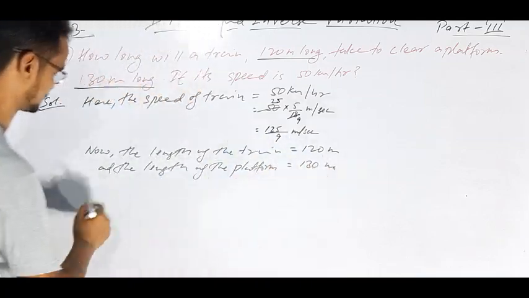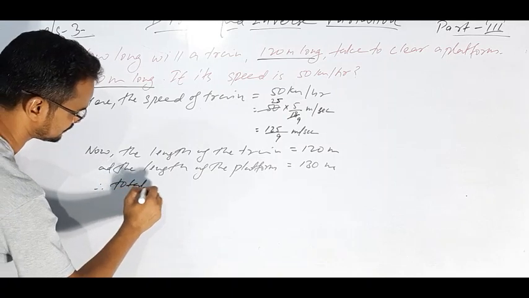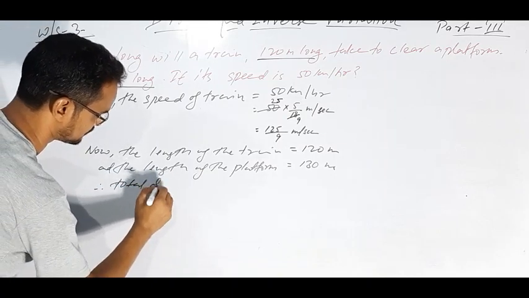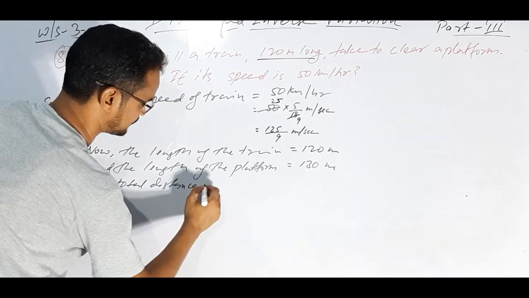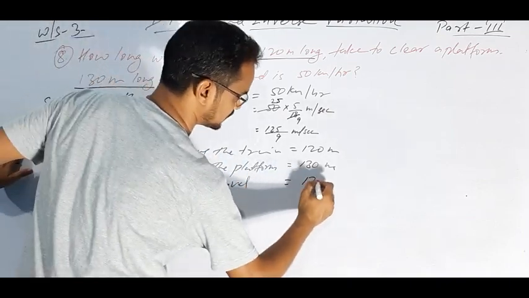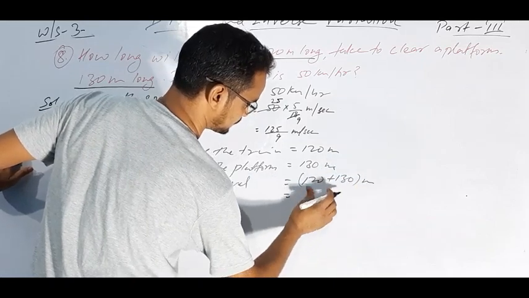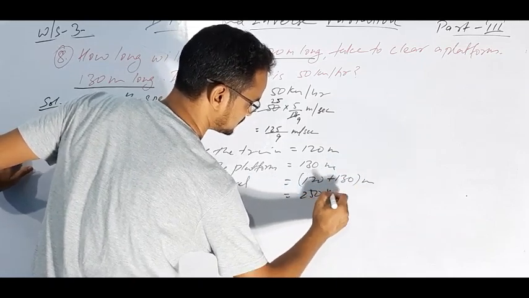Therefore, the total distance travelled is equal to 120 plus 130 meter, that is 250 meter.